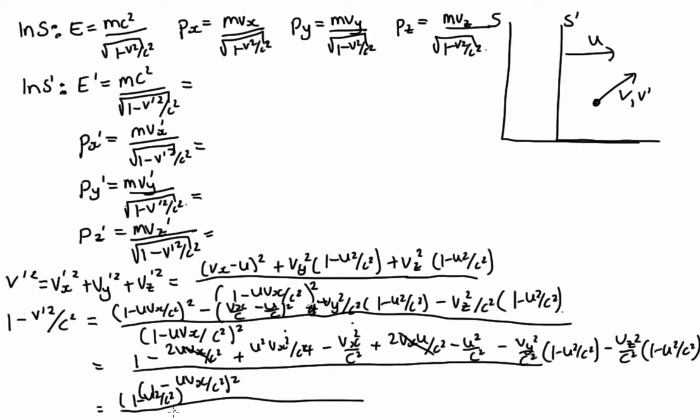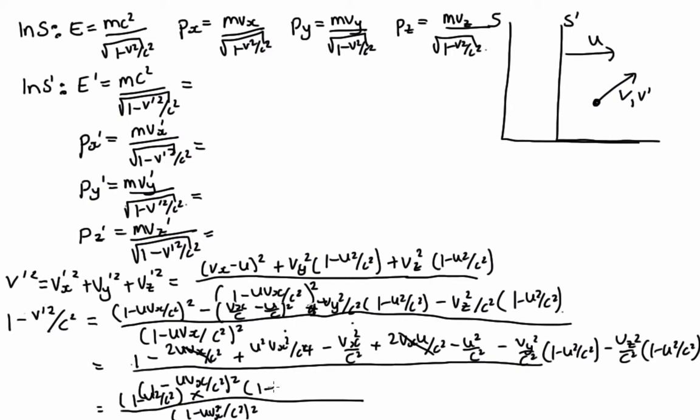We've still got the common denominator, (1 minus UVx on C squared) squared. Sorry about the slight mess here. We'll go up here later. And so we've got, in this case, this 1 minus U squared on C squared is a factor of 1. And then in this case, we had to pull the Vx squared on C squared out the front.